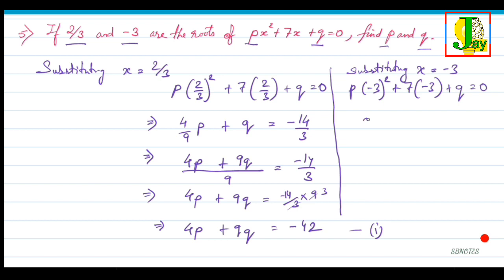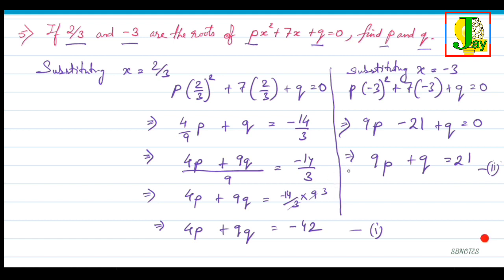So that's 9p, then we have minus 21 plus q equals 0, and hence 9p plus q equals 21. Now this is our second equation. I need to solve these two equations to find p and q.